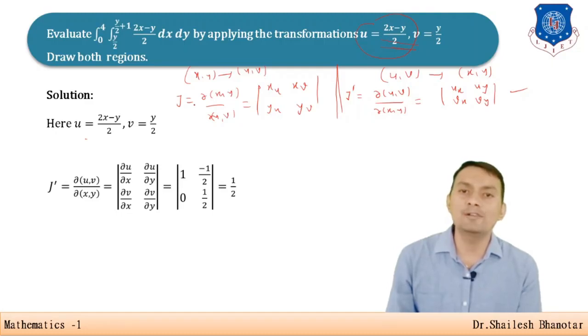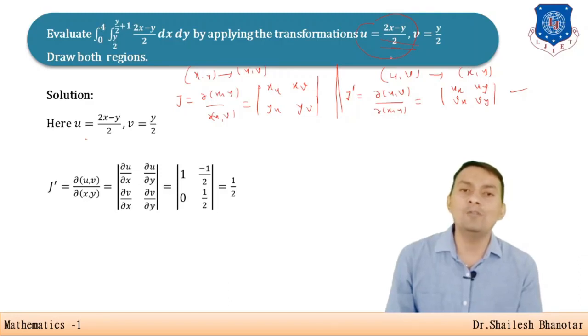So what will be the Jacobian? J is equal to del(x,y) divided by del(u,v), which can be defined using x_u, x_v, y_u, y_v. But when you simplify, you would need the partial derivatives of x with respect to u as well as v, but it is quite difficult.